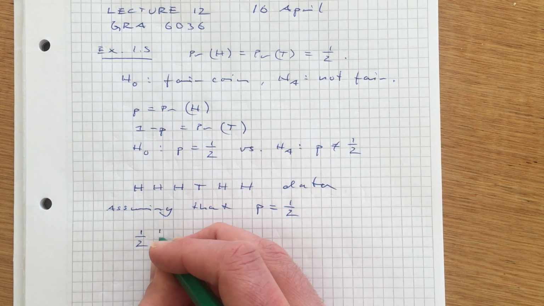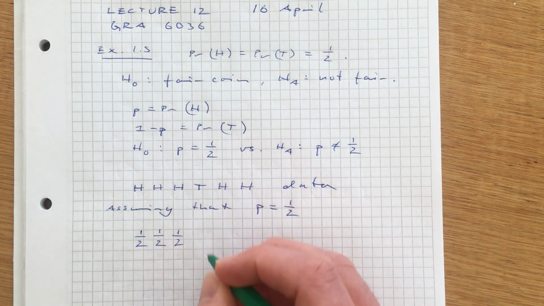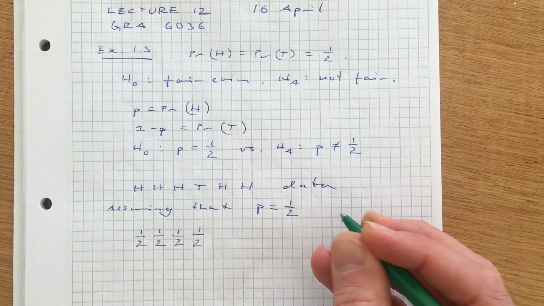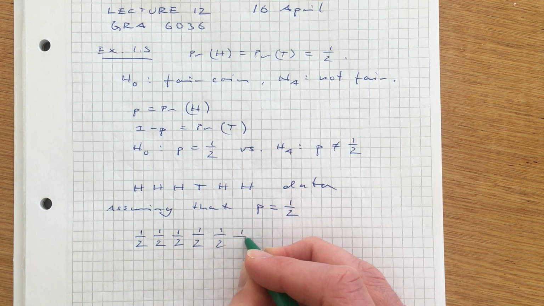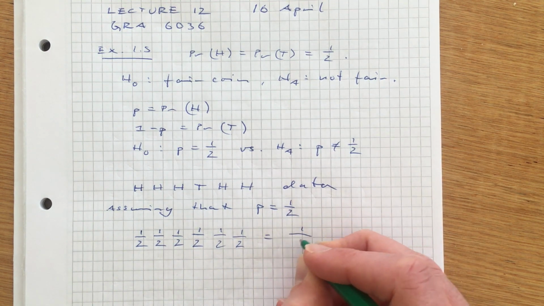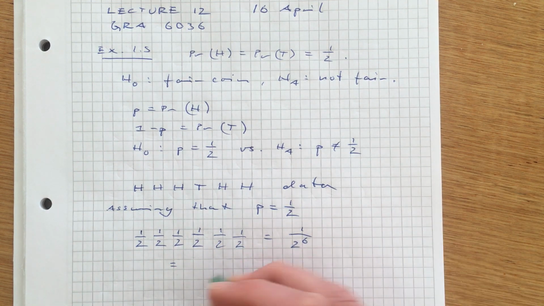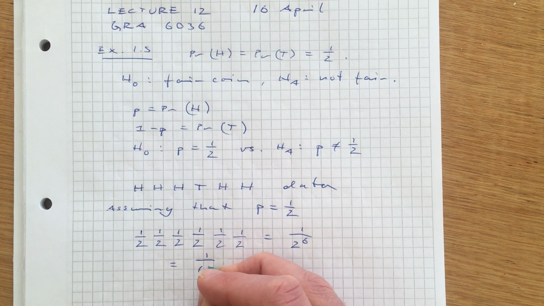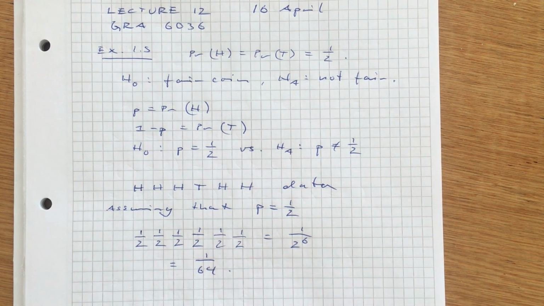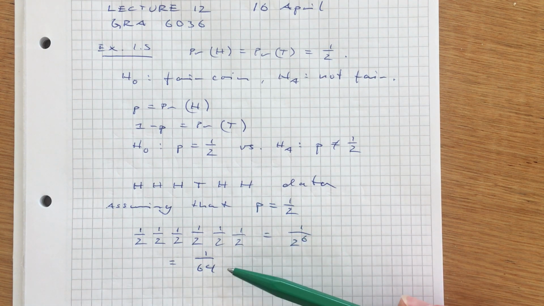On the second, that also has probability 1/2, the tails has probability 1/2, and so on, for 6 tosses. So we get 1/2 to the power of 6, which is 1/64. So this is the probability of getting the sequence that we got. And of course 1/64 is not a very big number.